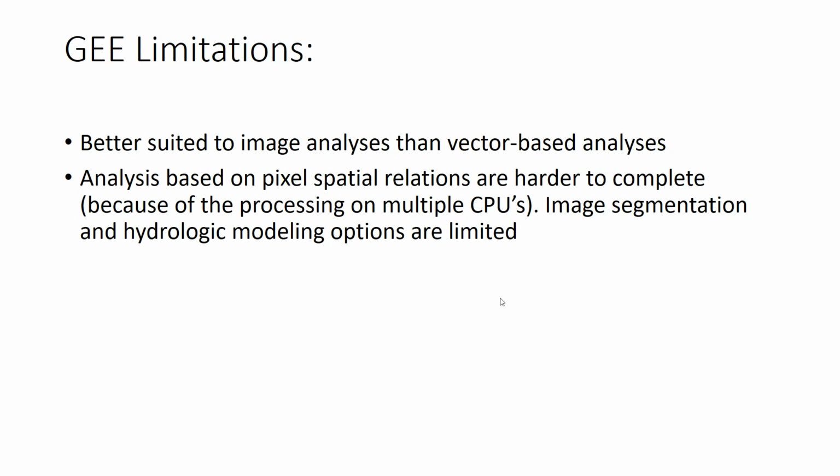So image segmentation issues might occur, and also Google Earth Engine is limited in modeling hydrologic related studies. It has few operations for that for now, but let's hope that as time goes, they will develop.